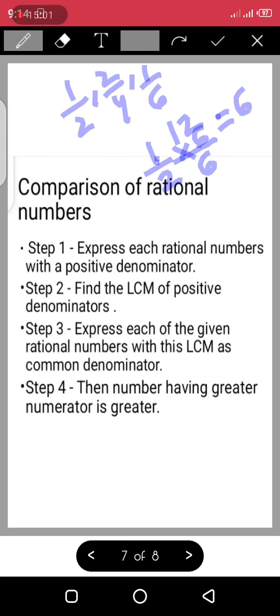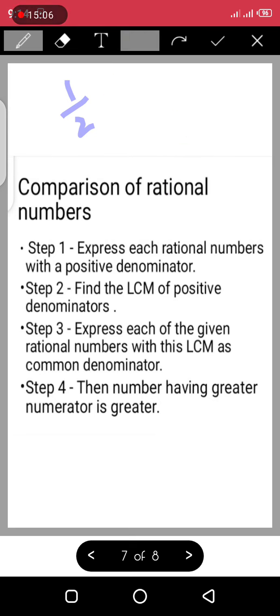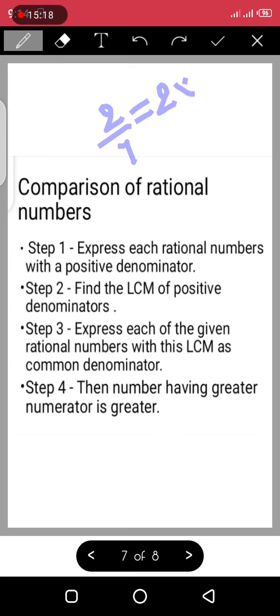Then for the second one, we have 2 by 4, and we have LCM as 12. So in 4 what will we multiply to get 12? Obviously 3. So here we will multiply both numerator and denominator by 3, then it will come 6 by 12.